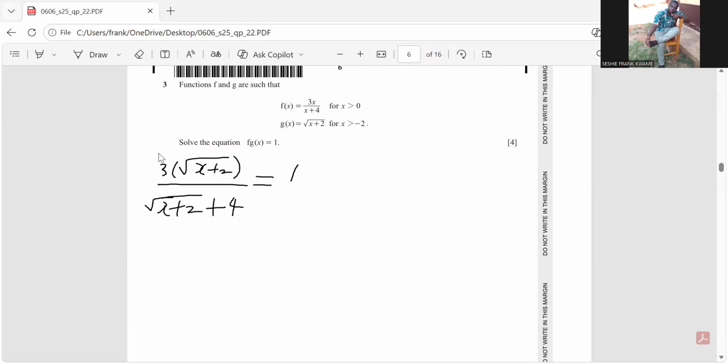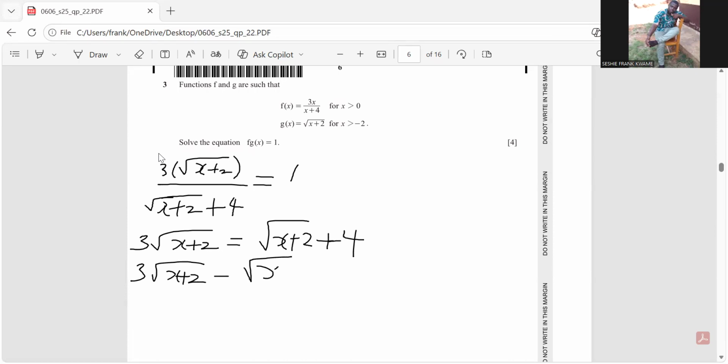If I multiply through by the denominator, I'm going to have 3 root (x plus 2) is equal to 1 times that, which is still root (x plus 2), plus 4. I group like this: 3 root (x plus 2) minus root (x plus 2) equal to 4.